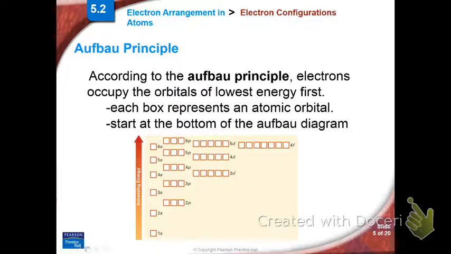So this connects to what we did yesterday, the different levels, different numbers of electrons at each level. When we use this Aufbau diagram, we can put 2 electrons in each box to show a full orbital.